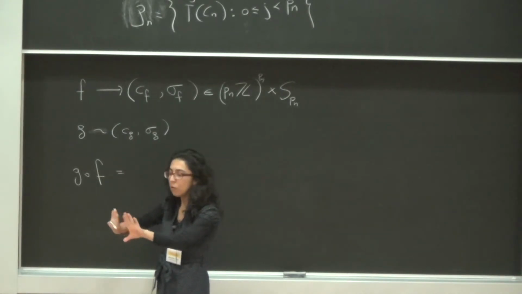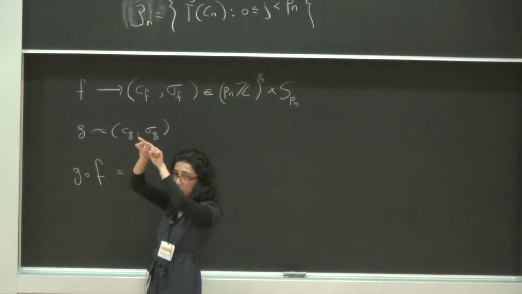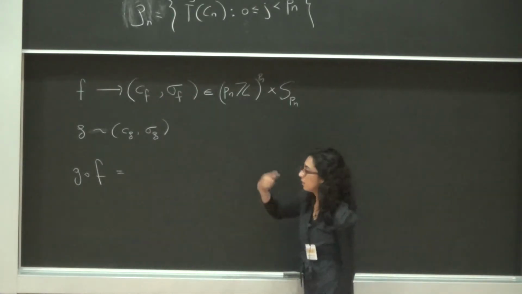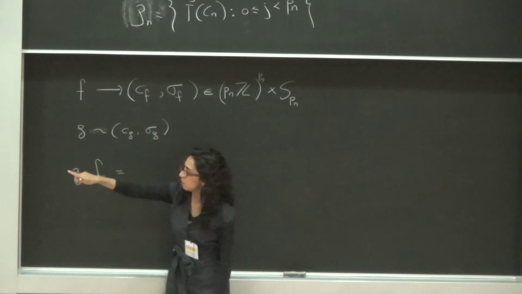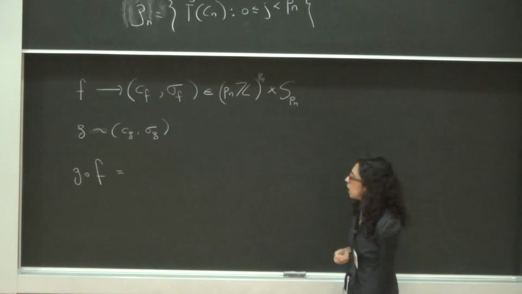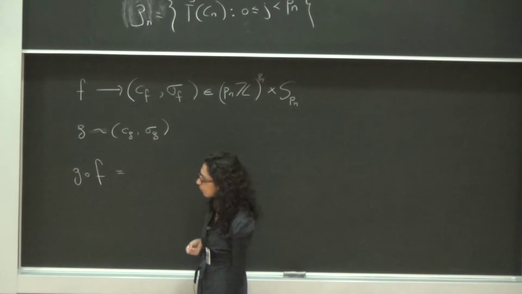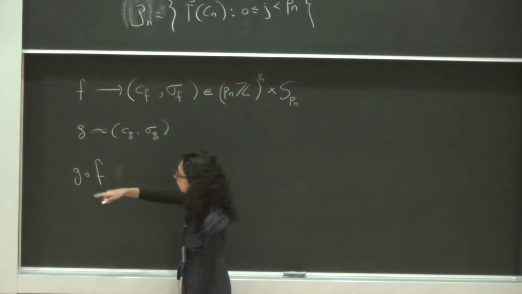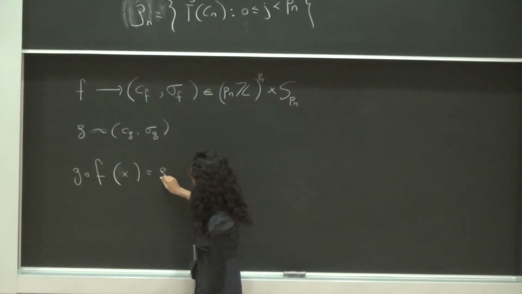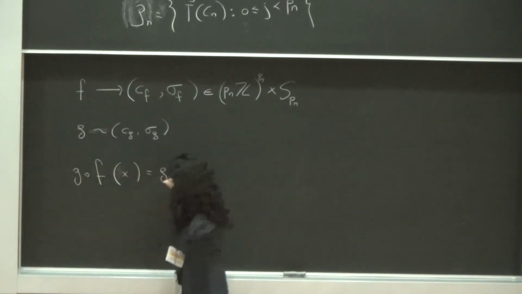If you have more than one tower, this is not true anymore, because when things arrive at the top of the tower, they split and we don't know where. But in this case, this composition is in Tn. And we can write it explicitly. So if we compute this, we get the same thing that I did there. So this is T, and I'm going to write Ag like this.